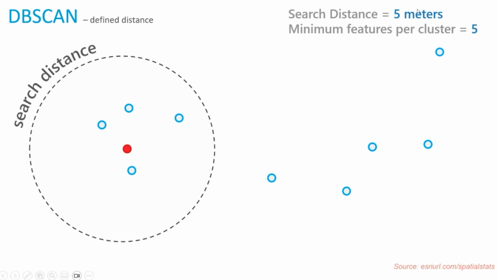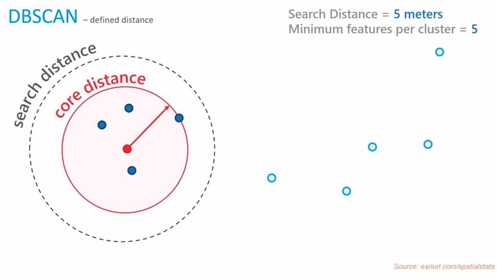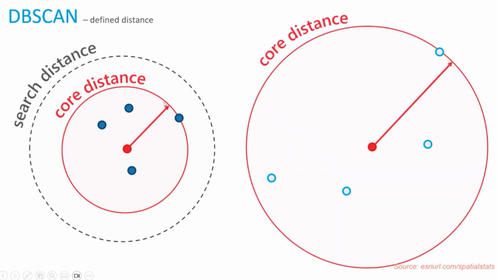So my search distance would be 5 meters. If I can find all these 5 points, that distance will be my core distance. If the core distance is less than the search distance, that would be a high density area.